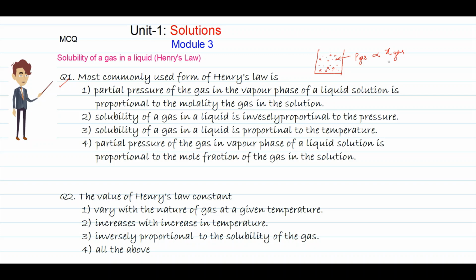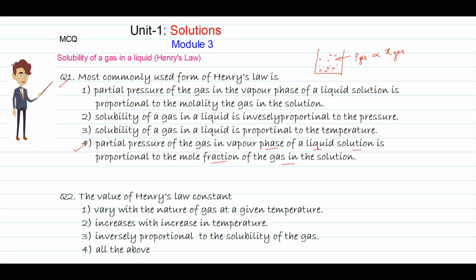So if you go through all these statements, you can find that the fourth one is the correct statement of Henry's law. Partial pressure of the gas in vapor phase of a liquid solution is proportional to the mole fraction of the gas in the solution.